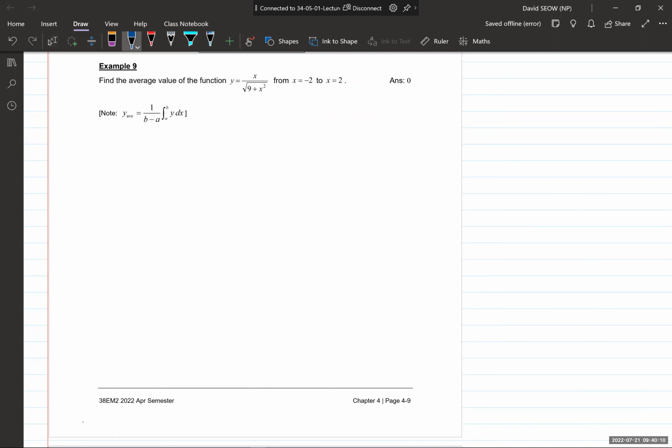So let's look at example 9. We have the function y equals x over the square root of 9 plus x squared. We'll use the average formula, which is given, to find the average of this y value between x equals minus 2 and 2.